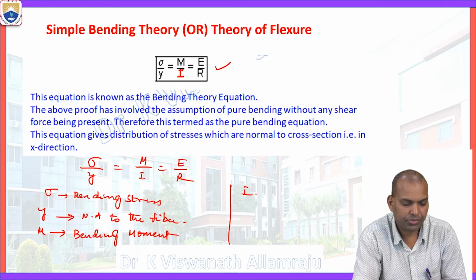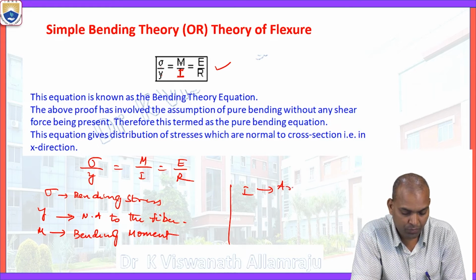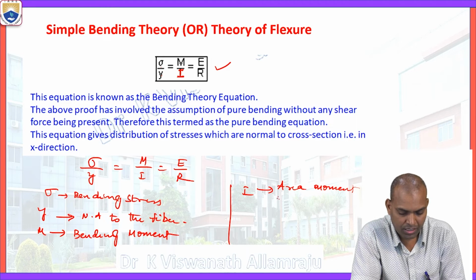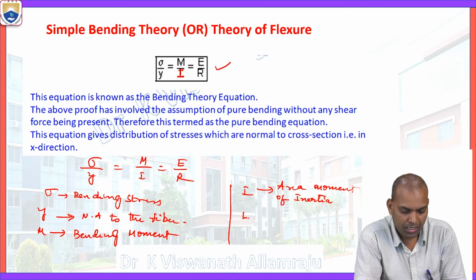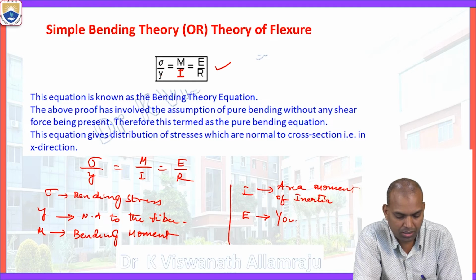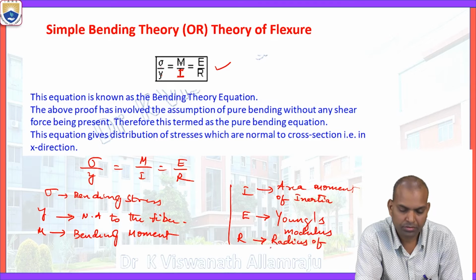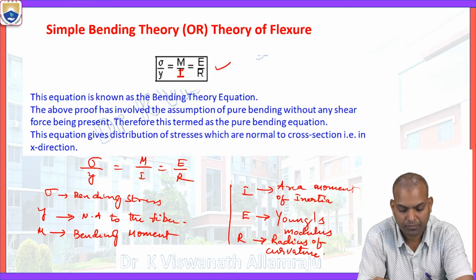I is the second moment of area or area moment of inertia. E is a material property, that is modulus of elasticity or Young's modulus. And R is the radius of curvature.